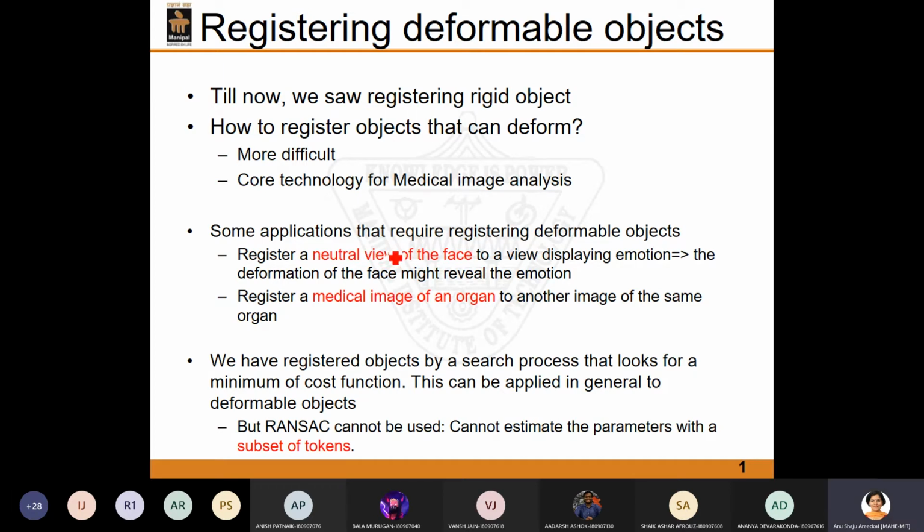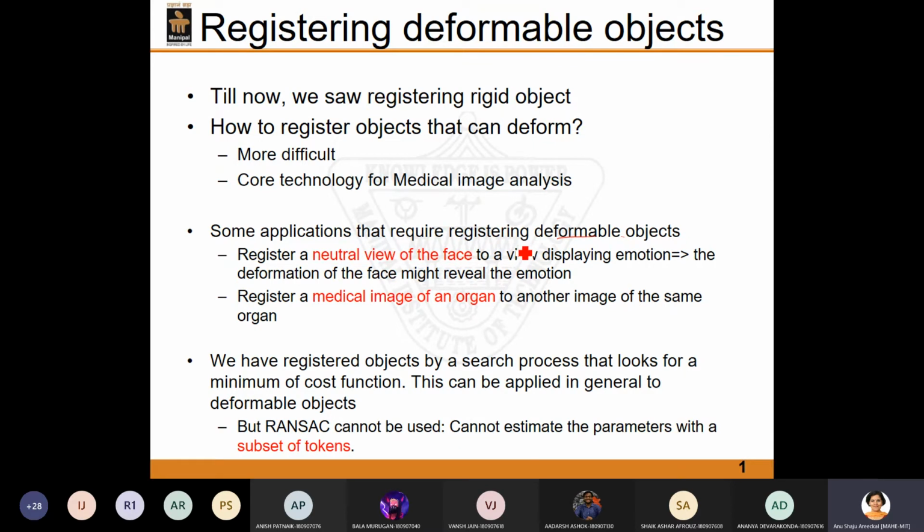Now, some examples where you can find such deformable objects are in the case of medical imaging. When you're trying to image any human organs, there would be some kind of change in the shape of the organ, or at least there might be some patient movement that can cause a change in the position of that particular object.